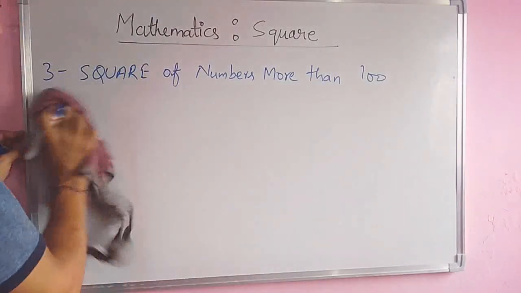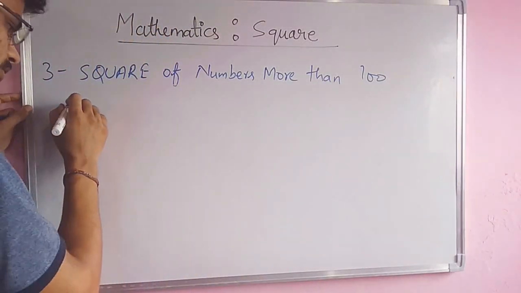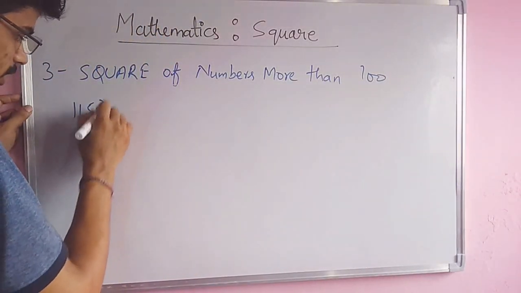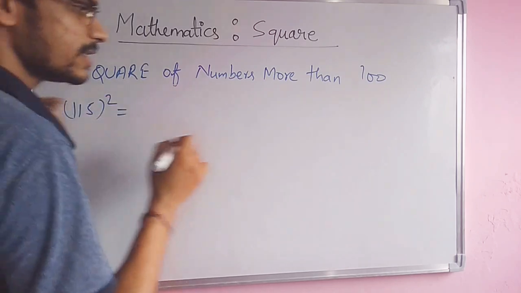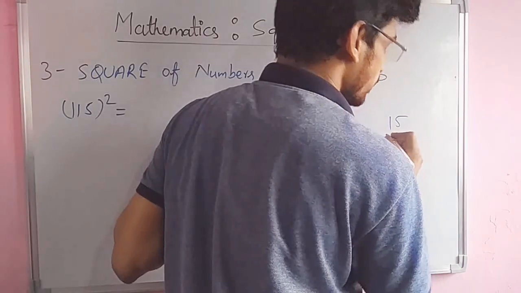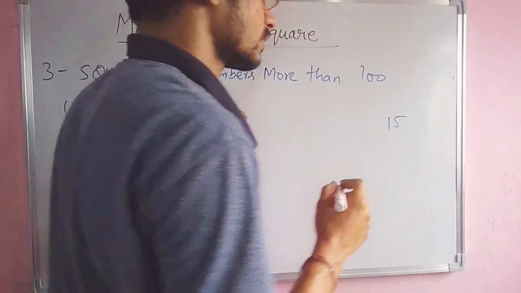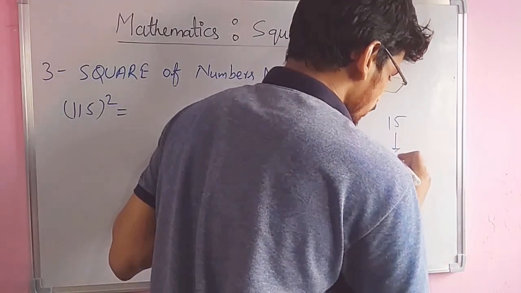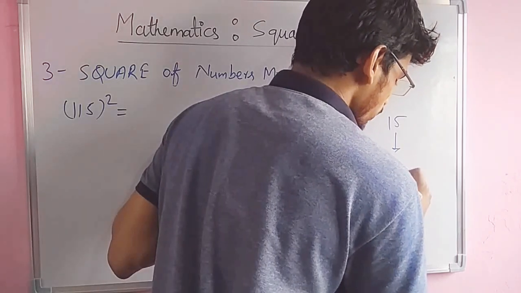Now move on. If we want to calculate the square of 115, then how much is it greater than 100? It is greater than 100 by 15. Now calculate the square of 15, that is 225.